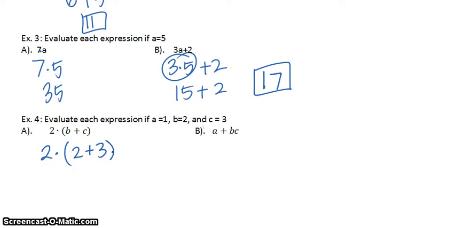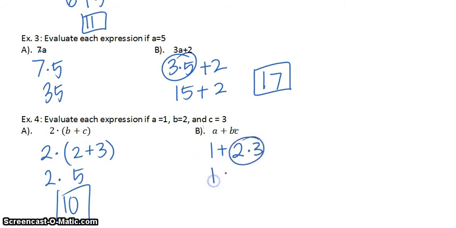We have to do parentheses first, so 2 plus 3 is 5. Once we solve what's in the parentheses, those parentheses go away. So now I have 2 times 5, which is 10. And then we have plus bc. So a is 1, plus b times c. b is 2, times c, which is 3. We have to do this one first because it's multiplication. So 1 plus 6, which is 7.